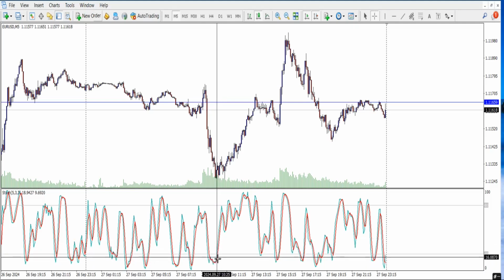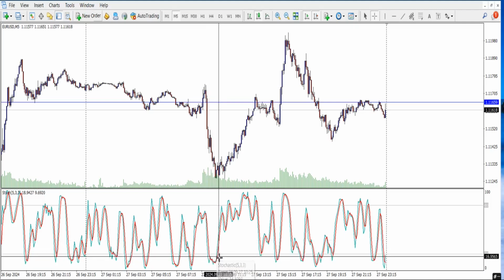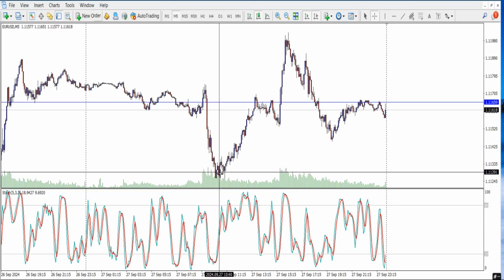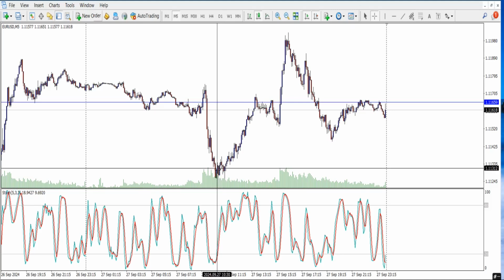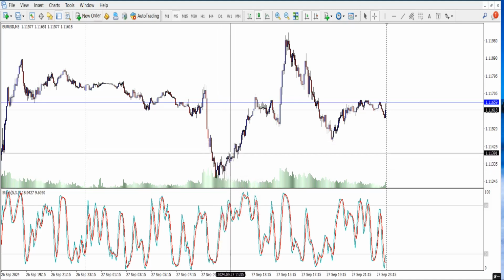We can see a buy signal here from the stochastic oscillator as price came into the oversold zone and there was a bullish crossover. Just right after the crossover, we can see that price reacted. There was a little bit of consolidation around here before the bullish move finally happened.